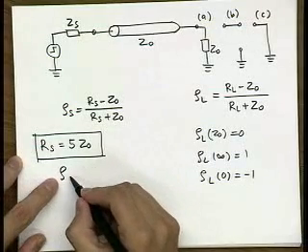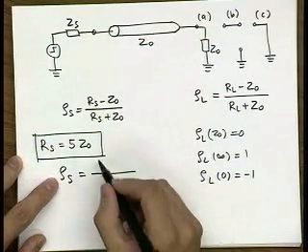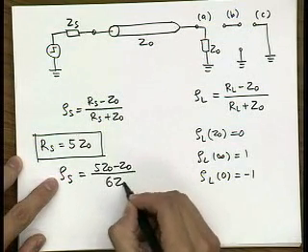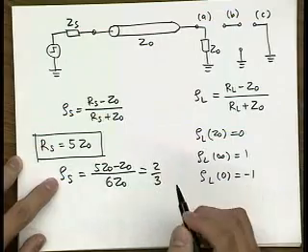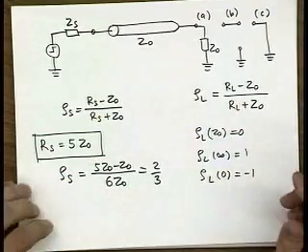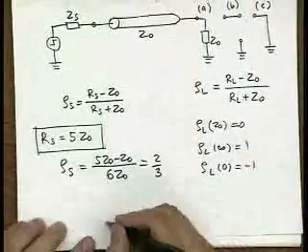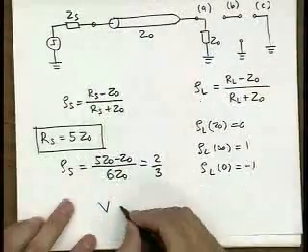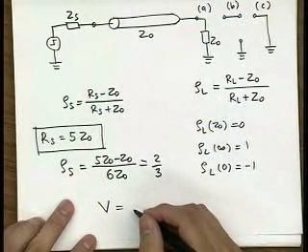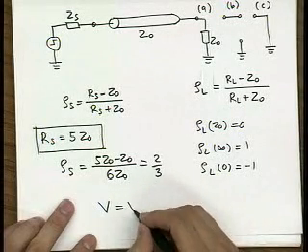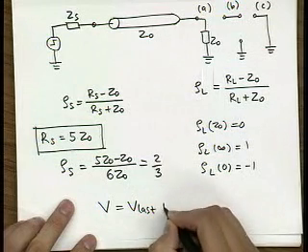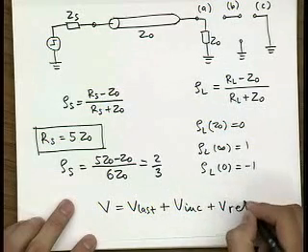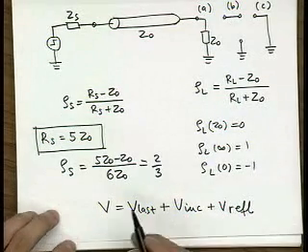That gives us a reflection coefficient at the input of 5 times Z naught minus Z naught over 6 Z naught, which is 2/3. Now we need to make use of this equation: at any point at the destination or the source, our voltage is equal to the incident plus the reflected wave.